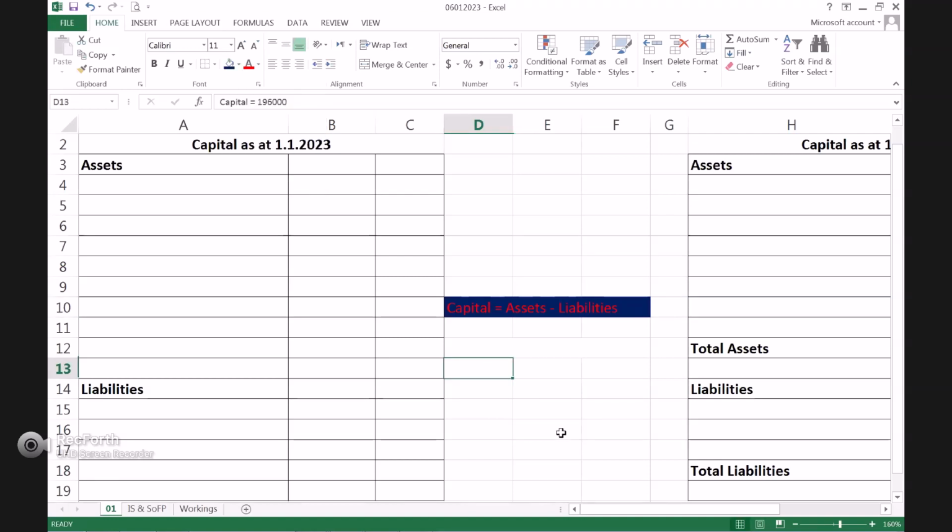The capital is equal to assets minus liability. So just you have to enter each and every transaction. First you have to list out the assets and list out the liabilities. Assets minus liabilities, capital. Okay, so easily you can do.